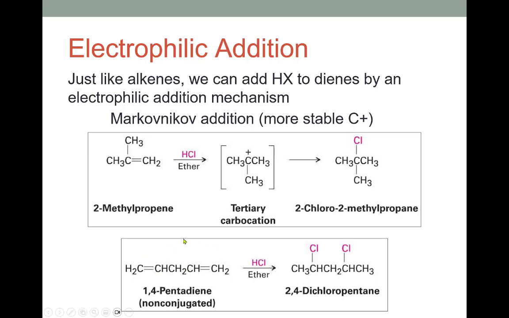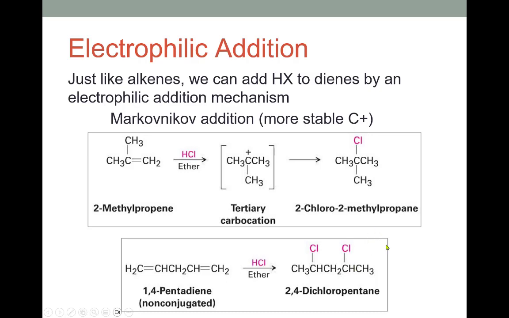Each one of these alkenes, because they're not conjugated together, would react just the same way as a standalone alkene. And so if we treat with excess HCl, we'd get the exact same kind of Markovnikov addition to each alkene. And so we would get this dichloro molecule where we have chlorines on carbons 2 and 4. Both of those are Markovnikov additions.